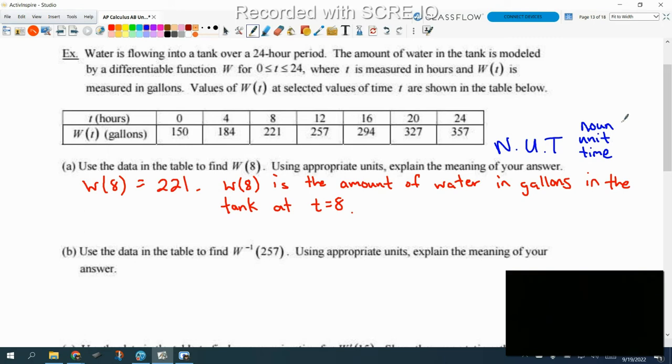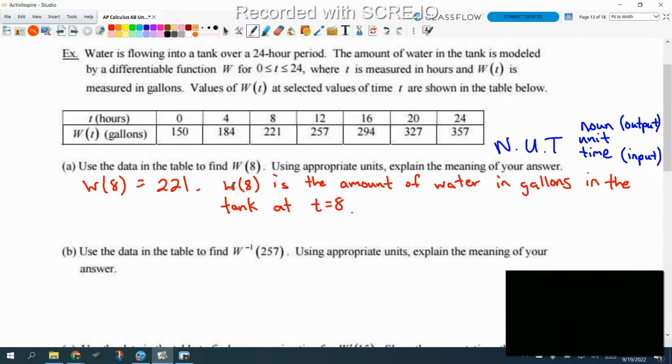So if your noun is the output, your time is the input. In most problems, time is the input and something else is the output, so that's why we go with noun, unit, time, and it also forms a nice acronym, NUT. But occasionally, you'll see this on the very next problem actually, your input is something other than time, and your output is actually the time. So it is possible to get those switched.